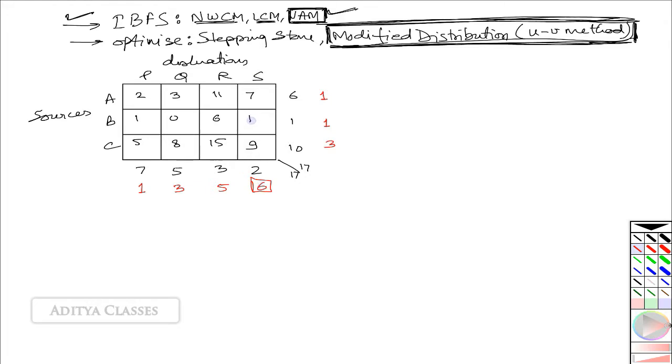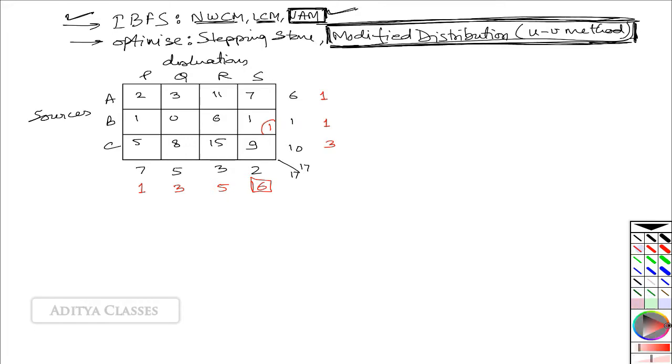For this 1 rupee cell, it will be a deal between B and S. B has 1 unit to supply, S needs 2 units. B can supply only 1, so there will be a deal of only 1 unit.